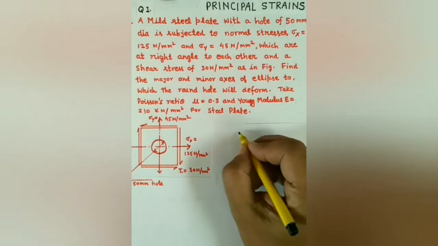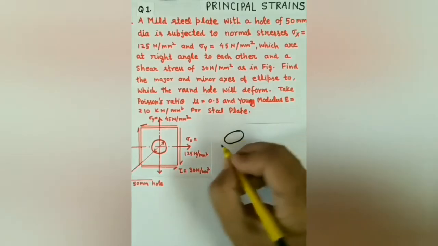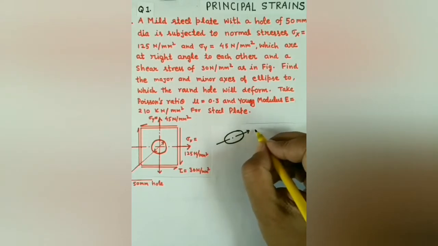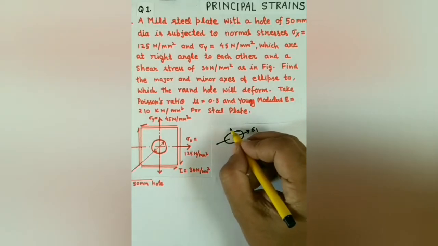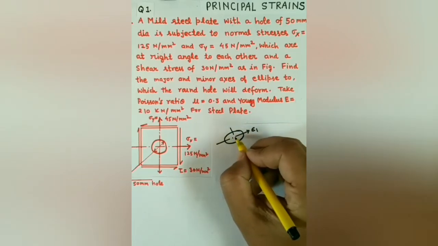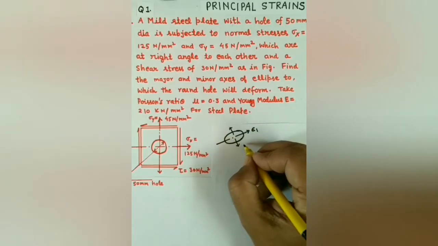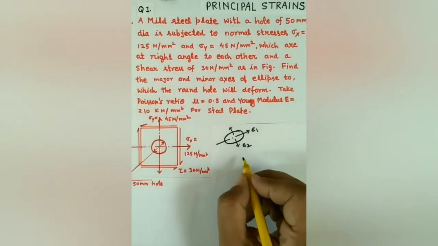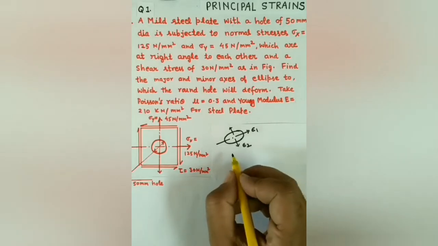The hole will deform into an ellipse such that the major axis of the ellipse will be in the direction of major principal strain epsilon 1 and the minor axis of the ellipse will be in the direction of minor principal strain epsilon 2. So we have to find out epsilon 1 and epsilon 2 in order to locate the hole.